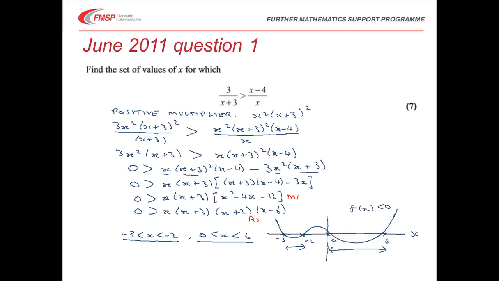There's a method mark for correctly identifying the solution ranges. There's also 2 B1 marks. So the examiner just needs to see the -3 and the -2 being used. And then the final accuracy marks, there's 2 of them, one for each of the required range of inequalities for x.